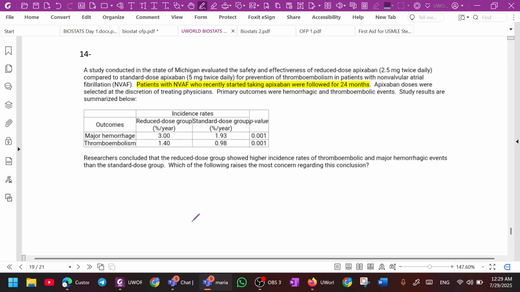Patients with non-valvular atrial fibrillation who recently started taking apixaban were followed for 24 months. Apixaban doses were selected at the discretion of treatment physicians. Primary outcomes were hemorrhagic and thromboembolic events. Study results summarized incidence rate and outcomes.